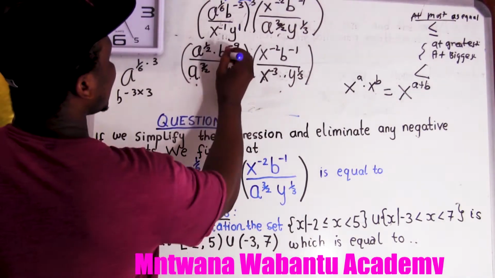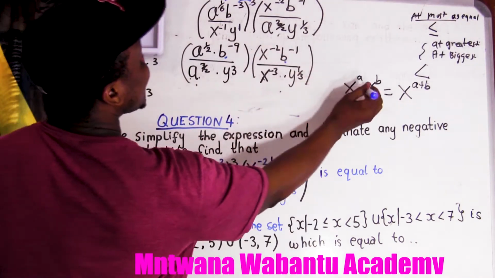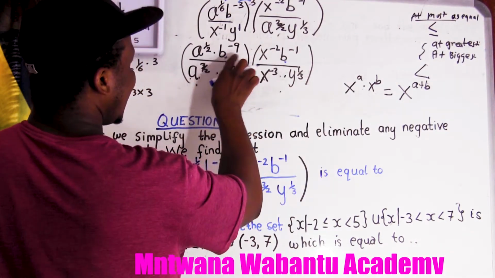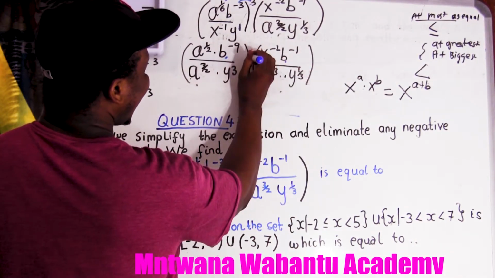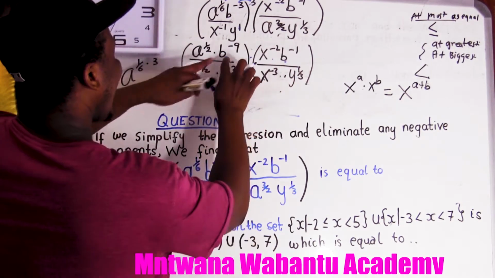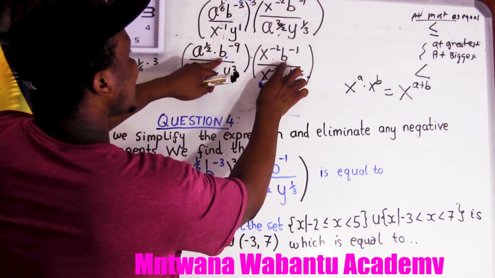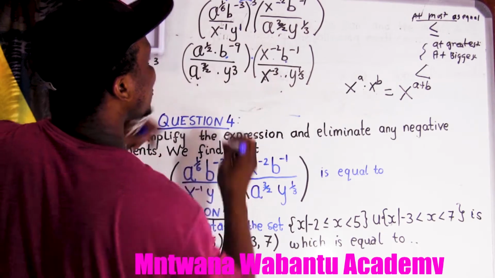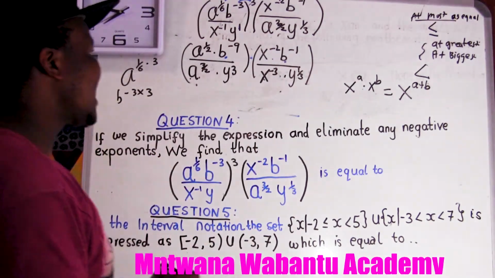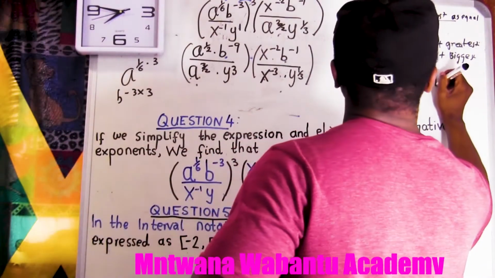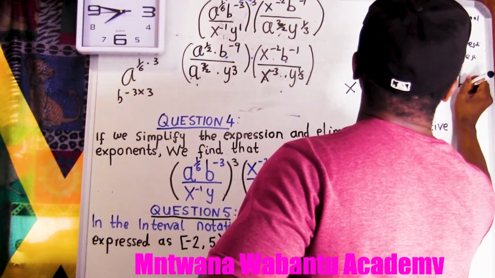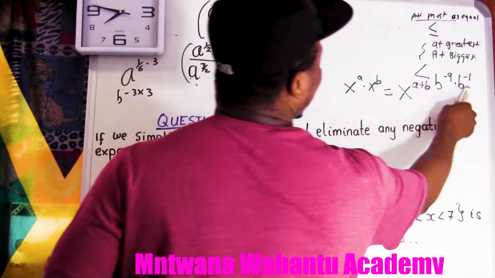So if you look carefully, if there's a multiplication, like b times b, even if there's no sign, mathematically there's a multiplication. So I can just say b power negative 9 times b power negative 1, because there's a multiplication when you have a bracket. So the bases are the same.